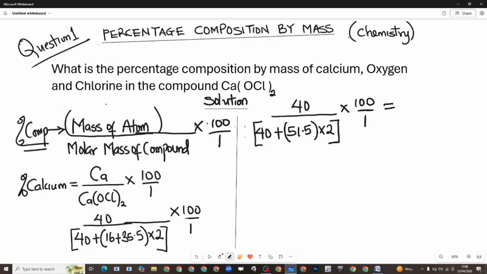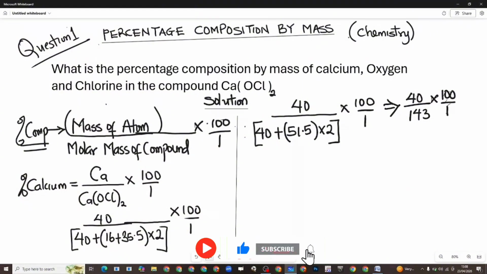Taking it a bit further, we have 40 over, if you add everything, 143, times 100 over 1.